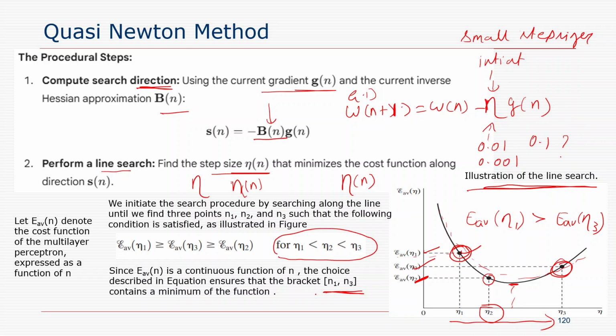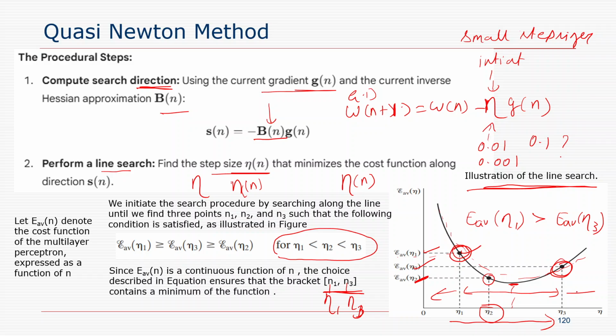Then there will be a choice, that is, there will be a value in between eta of 1 and eta of 3. This is eta of 1 and eta of 3 here. It is not this thing. This one is eta of 1 and eta of 2. There will be some learning rate. That is, I can now have my learning rates only in this span.